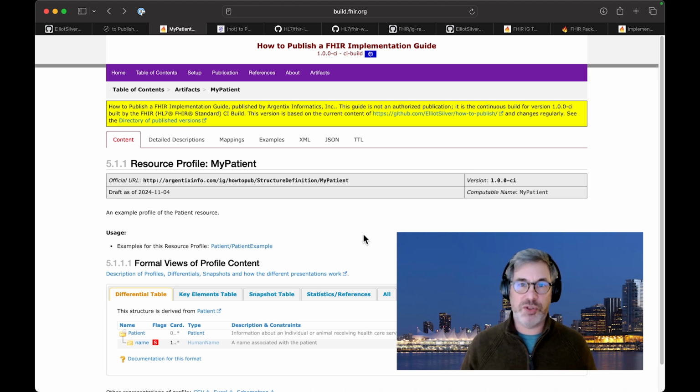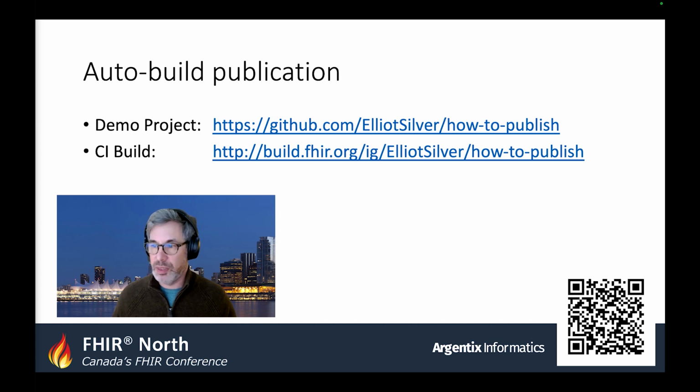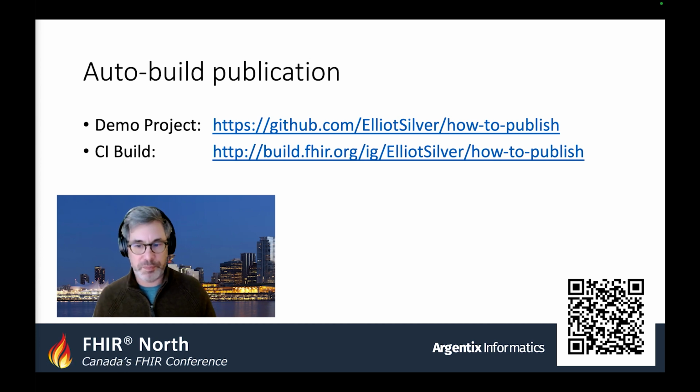It's great for that sort of use, but it's not good for a permanent publication. Okay. Speaking of sharing, if you want to go to build.fhir.org/ig/Elliot/how to publish, you can follow along with what we're going to be talking about.